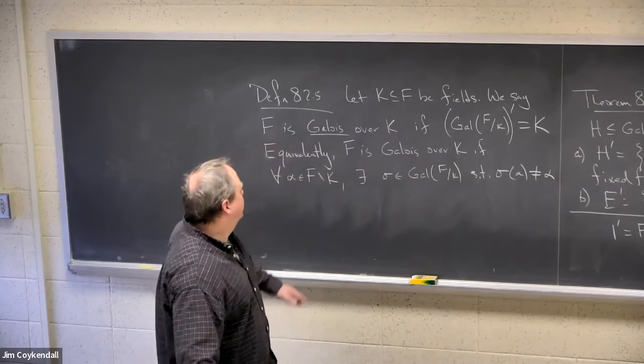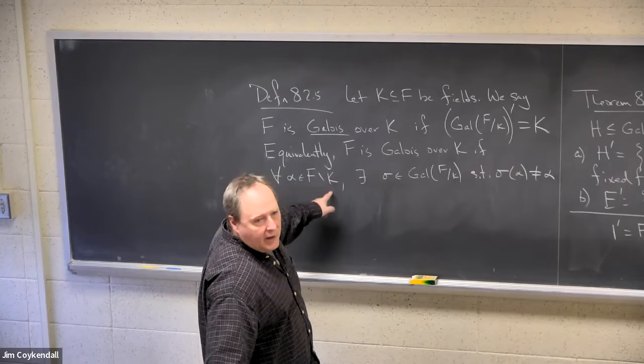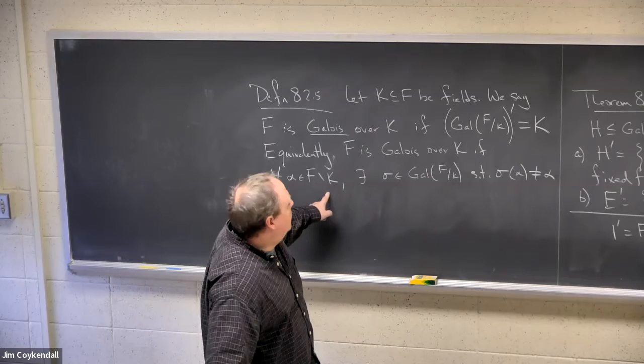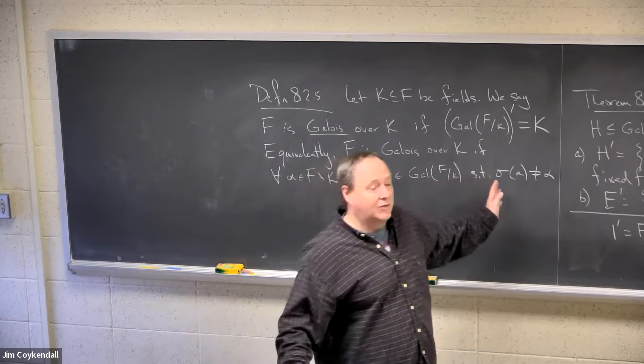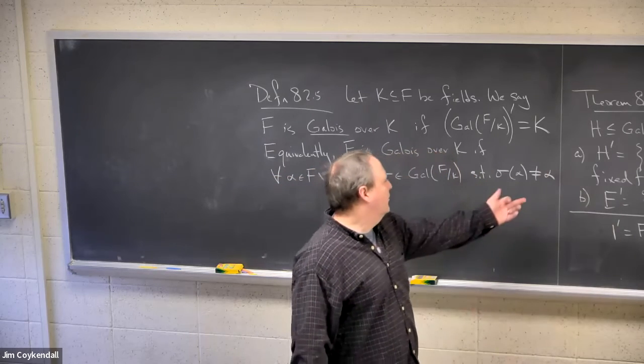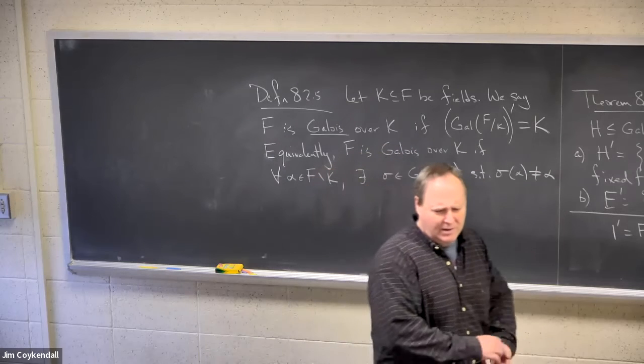So in other words, it's Galois over K if given any element that's in F but not in K, there's some automorphism in the Galois group that actually moves it somewhere. So notice that this prevents alpha from being in a fixed field, and that's why it's equivalent to this.